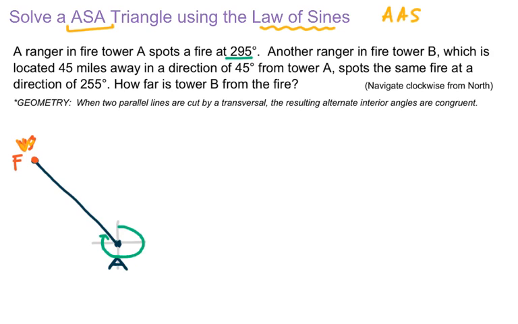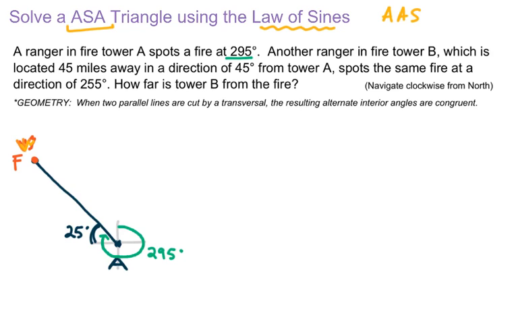Okay, so we've looked off. That is 295 degrees that we've measured there. What does that mean for this smaller angle here? Well, 0, 90, 180, 270, that means this little angle here is 25 degrees, and that might be helpful to us later.